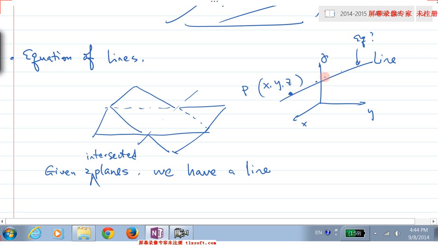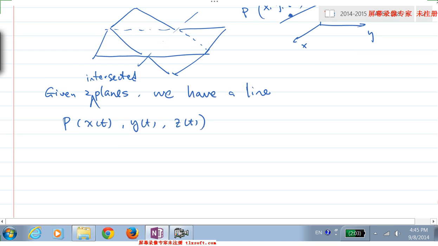Because it's moving, at each point x, y, z is different. So each component can be characterized as a function of the time t.